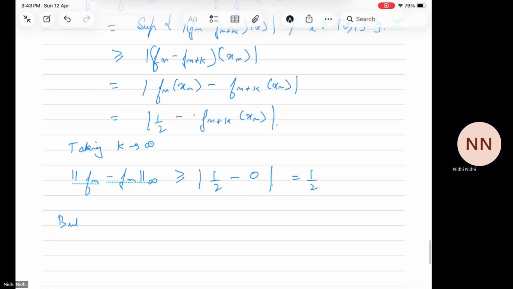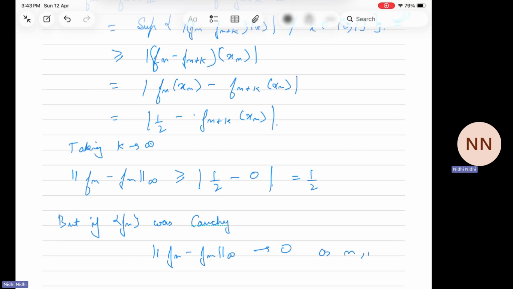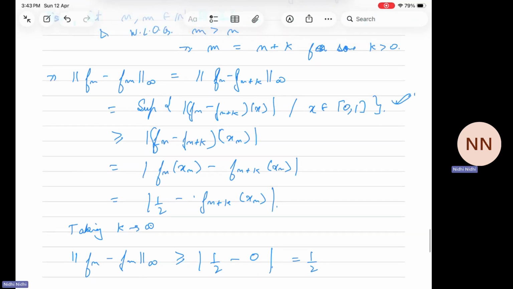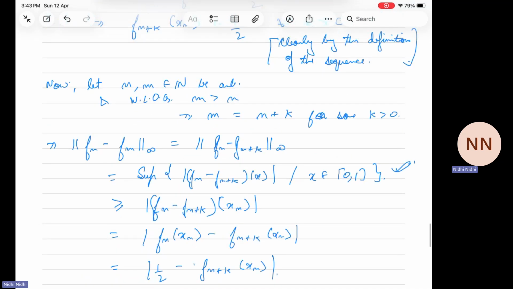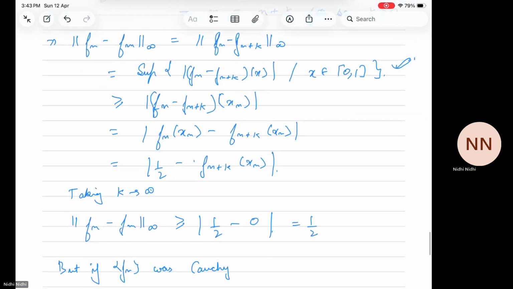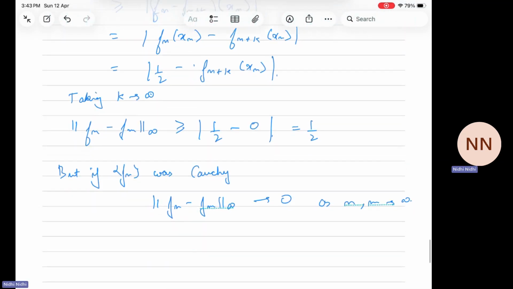But if Fn was Cauchy, in that case, we should have got norm of Fn minus Fm going to 0 as n and m go to infinity. So clearly, as k tends to infinity, m is also going to infinity. So that gives us a contradiction.